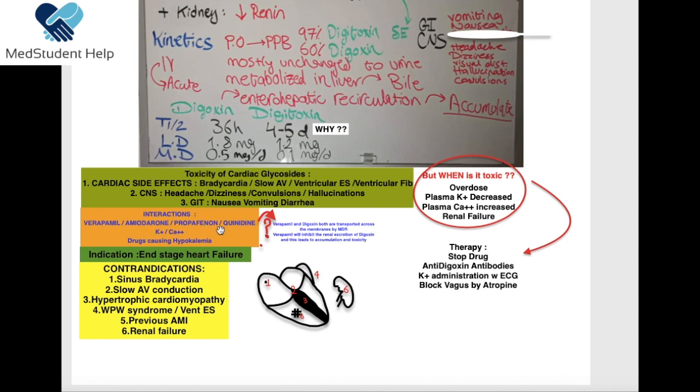All of these three are antiarrhythmic drugs. Maybe you're not familiar with them yet, but you will soon. So you can't actually give these drugs together with digoxin or digitoxin or any cardiac glycosides. Now let's think about it. Why can't we give them together?